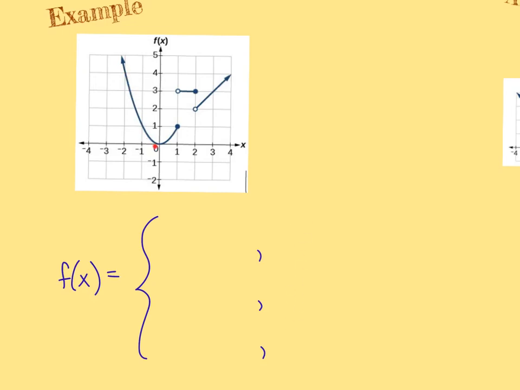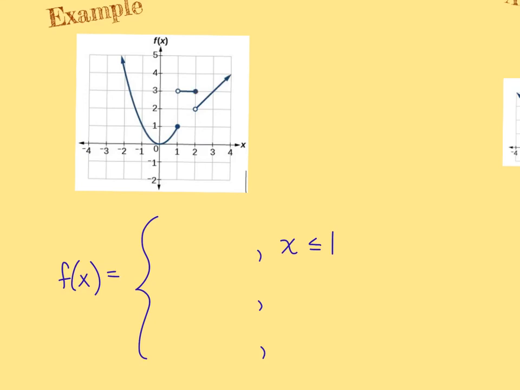So this first piece here, this parabola, goes from when x is negative infinity all the way and including when x is 1. So the way that we'll write that is that's all values when x is less than or equal to 1. The second part is x values between 1 and 2, not including 1, but including 2.